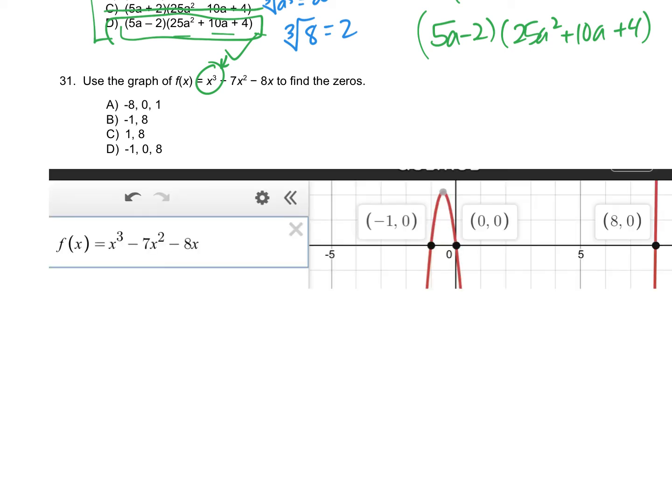We could look at it in its entirety if you really wanted to, but that's not really necessary here. All I need is where does it cross the x-axis. It crosses at x equals negative 1, so it can't be that guy, and it can't be that guy. It crosses at 0, so it looks like it's D, and it crosses at 8. So it can't be that guy.